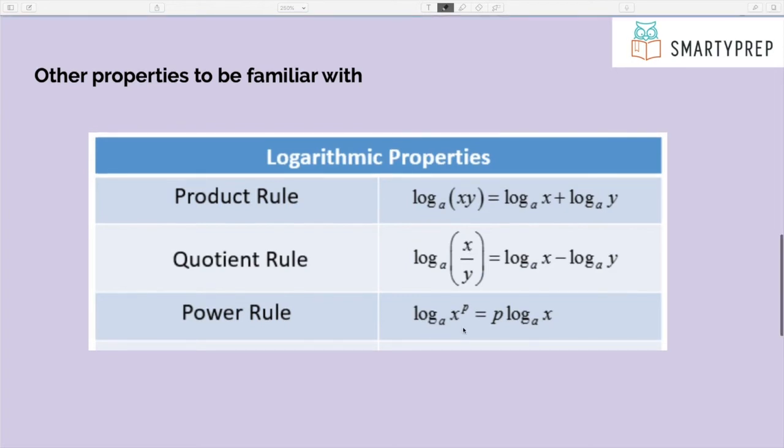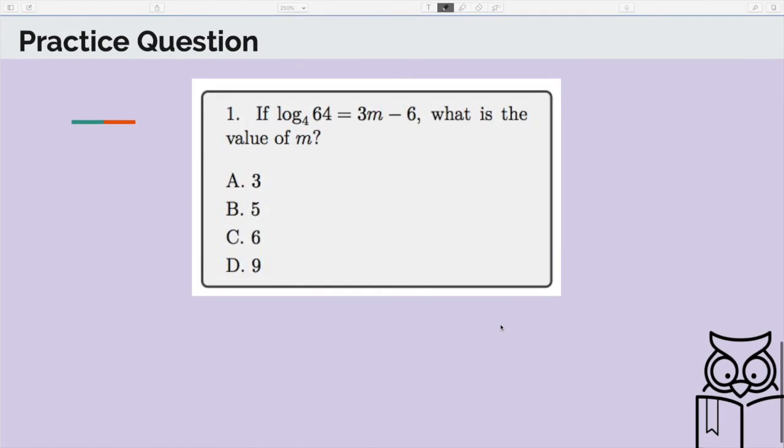Lastly, the power rule is that if we take not the whole log to p, but just the number inside, x to the p, that's the same as multiplying the entire equation by p. So those are the specific rules that you'll need to know to attack any question on Smarty Prep that has to do with logs. Let's take a look at this one.